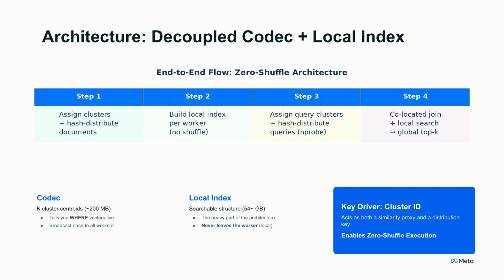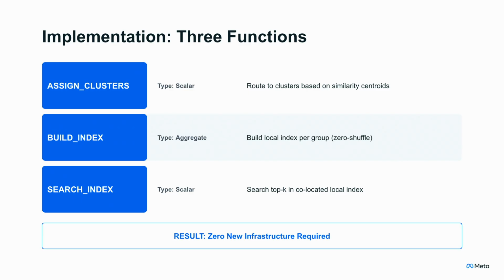First, you assign your vectors into different clusters. Right? Then you build a local index for each cluster. Then you leverage the cluster ID to co-locate the query and the candidate vectors. Then you perform local search. Then you do a global top K.